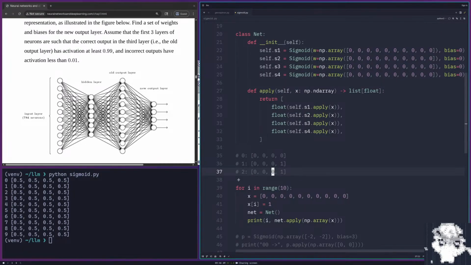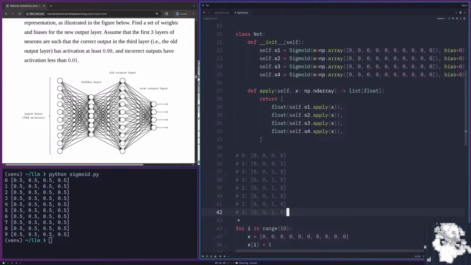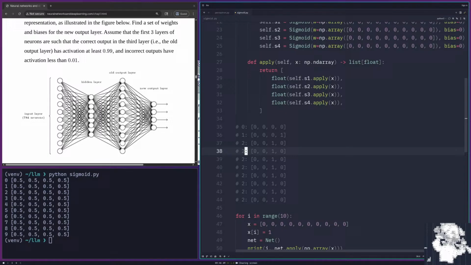Then 2 would be this. 1, 2, 3, 4, 5, 6, 7, 8, 9. 3 would be this. 4, 5, 6, 7, 8, 9.